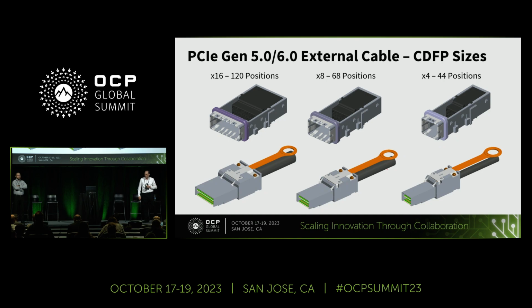So just to give you a little more description of it, CDFP, again, is an I/O connector that's been around a while. One of the nice benefits is it is a die-cast cage that's bolted down. It's a very robust I/O interface. We have 3 different sizes: a by 16, a by 8, and a by 4.